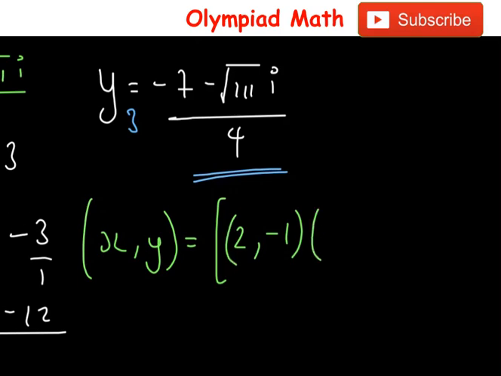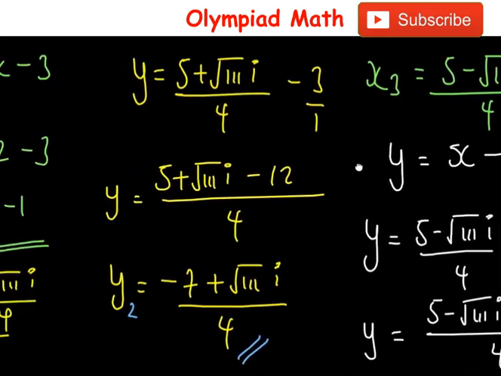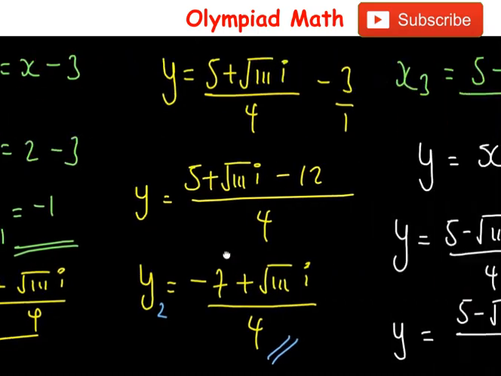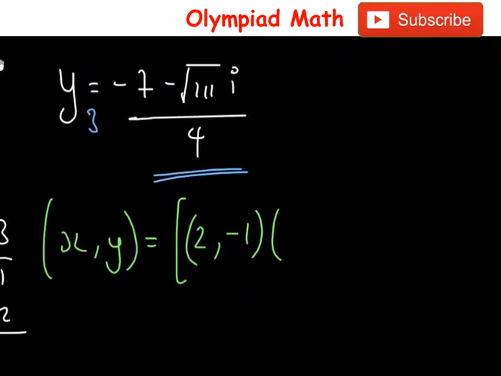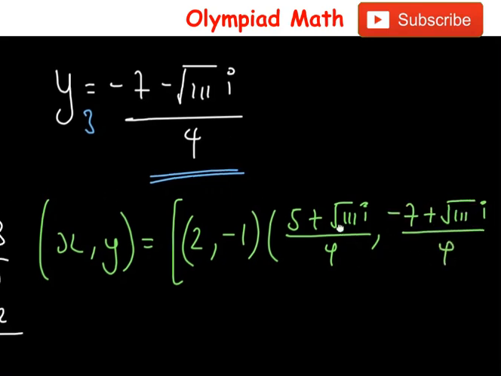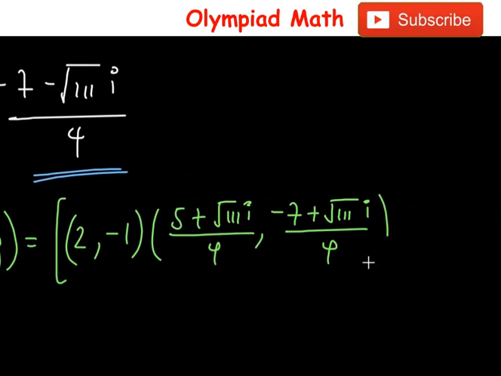And then the second solution for x and y: when x is equal to 5 plus root 111i over 4, y is equal to minus 7 plus root 111i over 4. Writing this down, we have when x is equal to 5 plus root 111i over 4, y is equal to minus 7 plus root 111i over 4. Okay, and this is for the second solution of x and y.